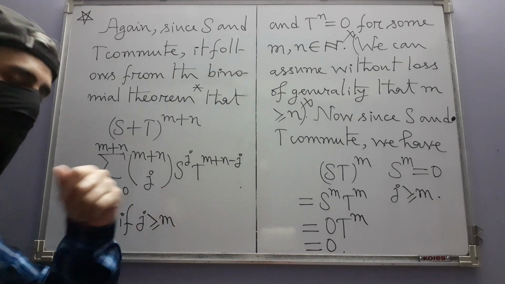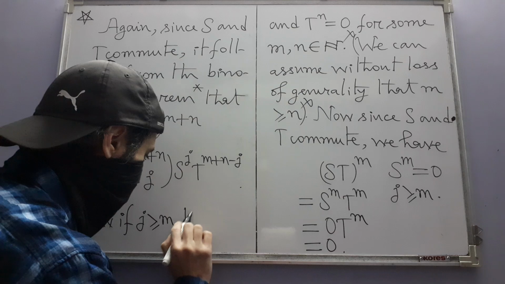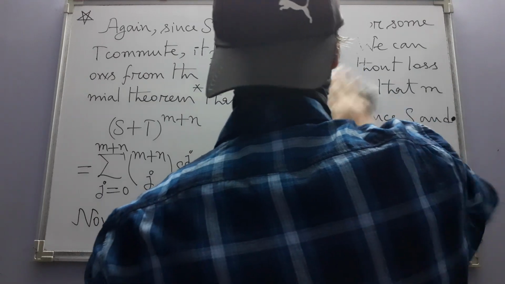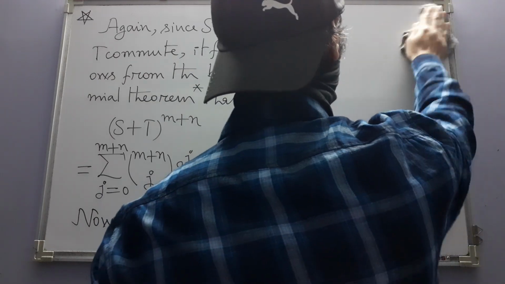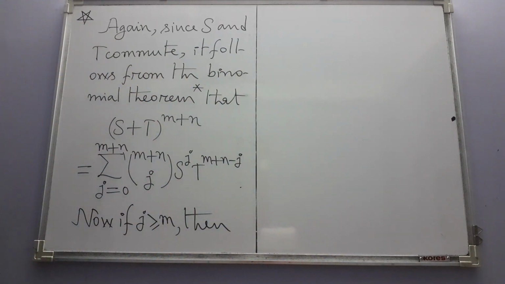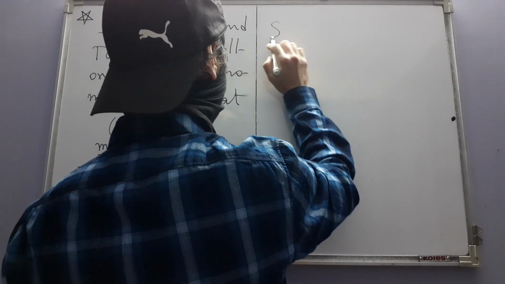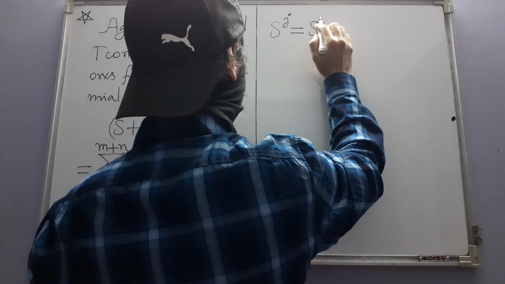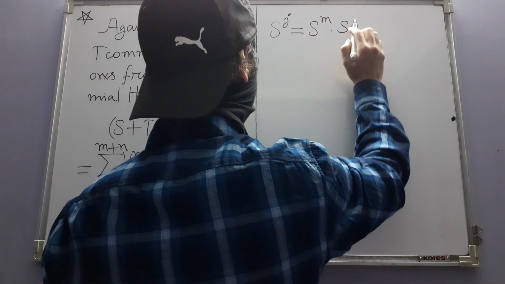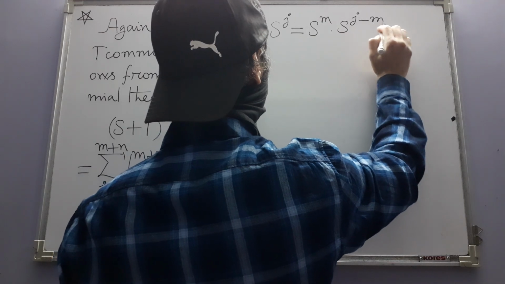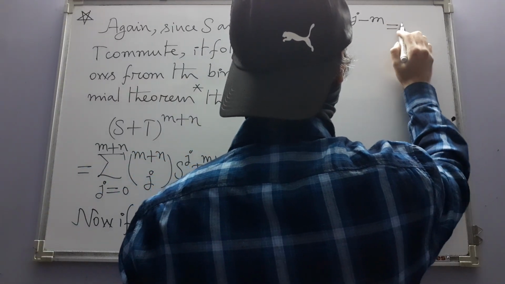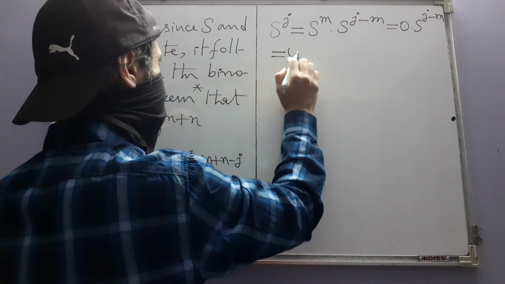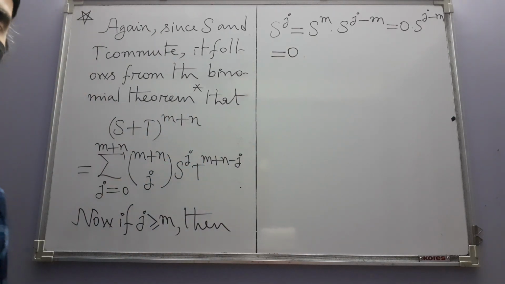In that context, if j is greater than or equal to m, then s to the power j is equal to s to the power m times s to the power j minus m, which is equal to 0 times s to the power j minus m, so that is equal to 0.